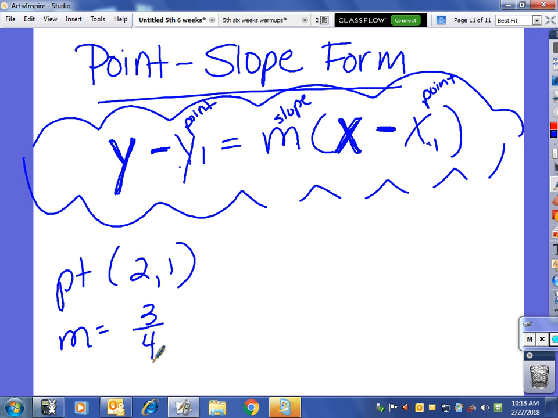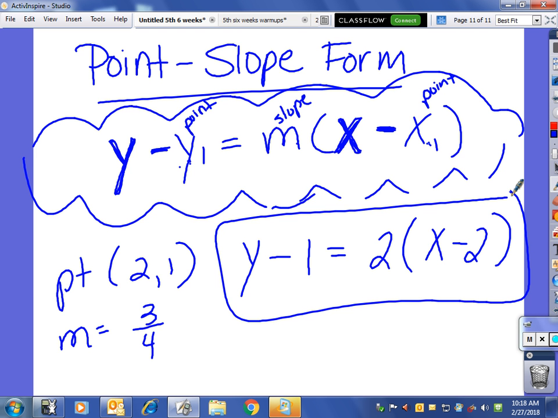It's always subtracting. So it would always be y minus 1 equals 2 parentheses x minus 2.